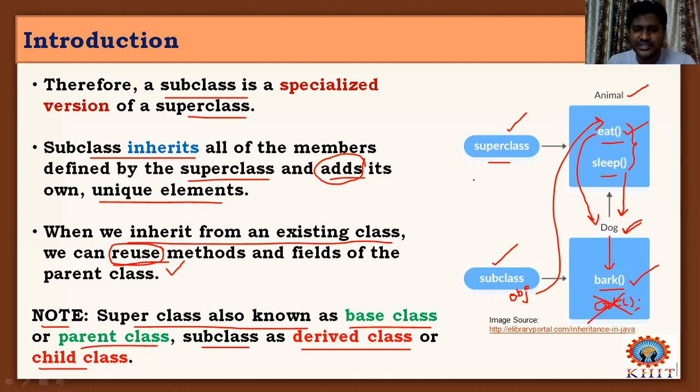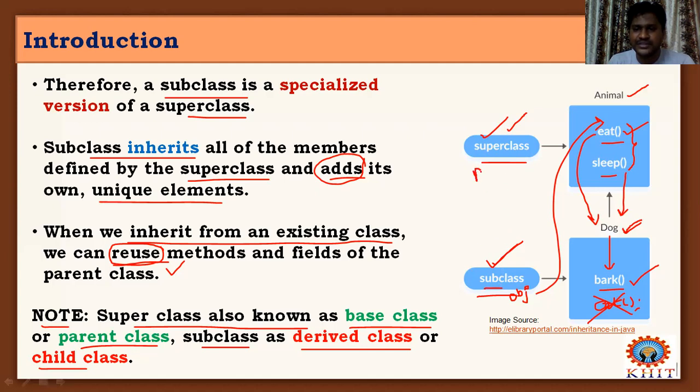The terminology used in Java is most of the time superclass and subclass in our further sessions. When we call the upper class or an existing class a superclass, the newly created class extending the properties of the superclass using the inheritance concept is called a subclass.